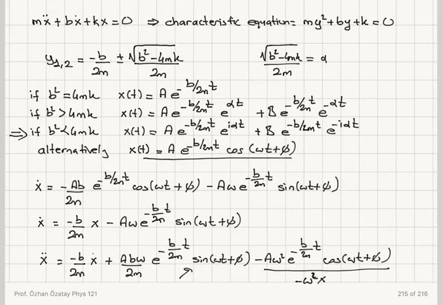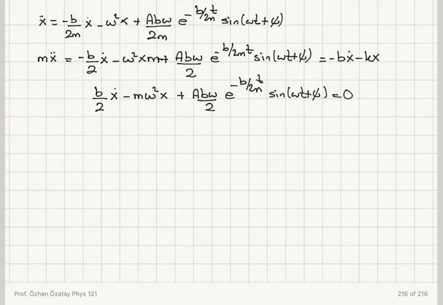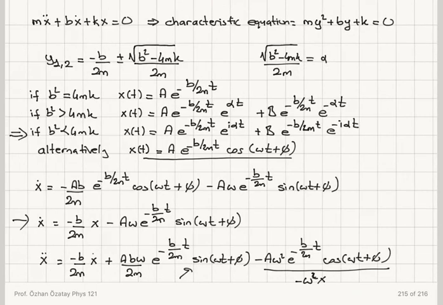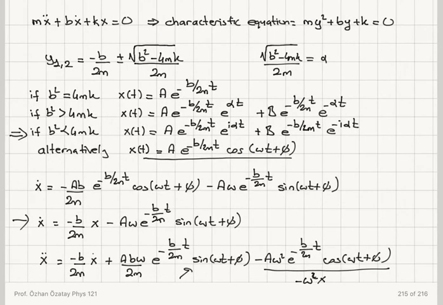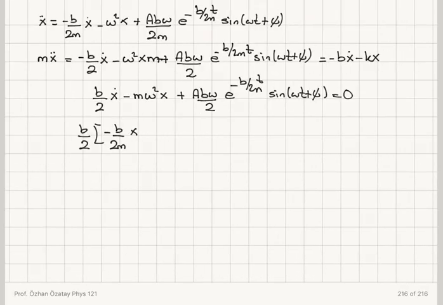Now I'm going to substitute for x dot this result. So I have b over 2, and for x dot I'm substituting minus b over 2m x and minus a omega e to the minus b over 2m t sine omega t plus phi.